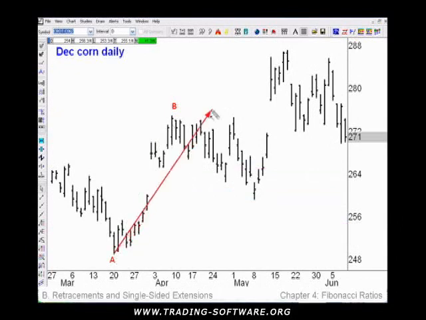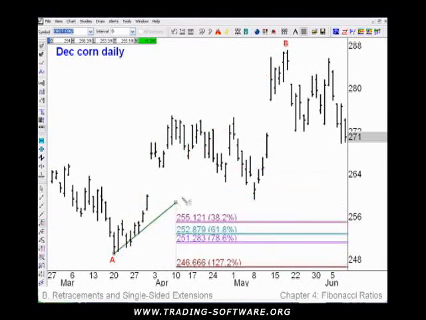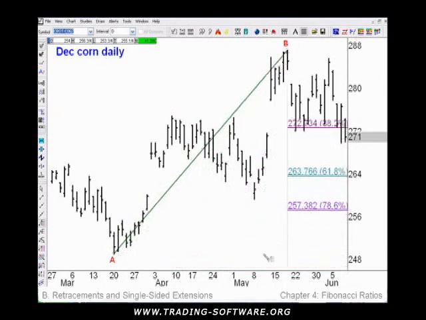And if we take this complex price range and call that A to B, we can draw in the Fibonacci levels, and let's see what happens. Price had a little reaction right at the 38% area.